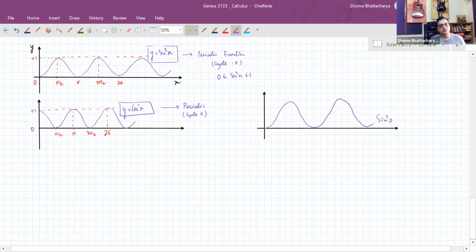This is the sine square x graph. If you superimpose that with the cos square x graph, you see why their sum is always equal to unity.